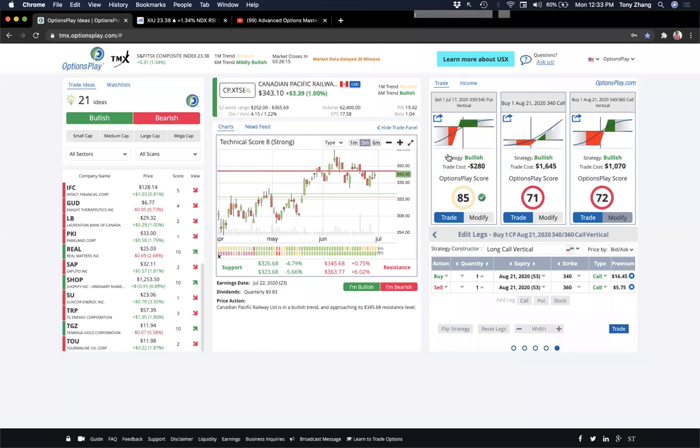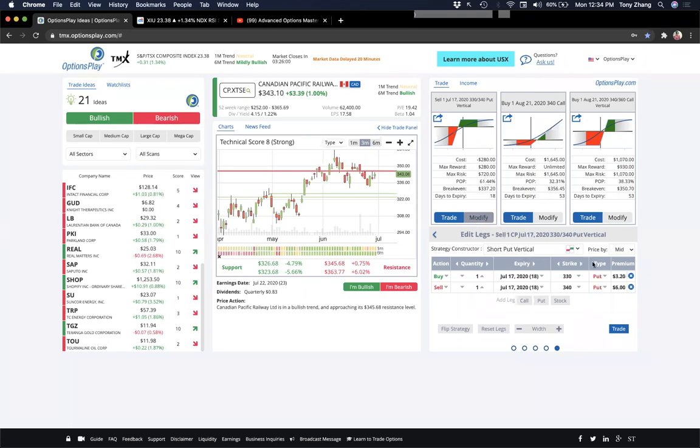And when I look at selling a credit spread, and this is something that you'll learn during the credit spread webinar for those of you that want to learn more, whenever I'm selling a credit spread, I generally want to collect at least 1/3 of the distance between the two strikes. So the distance here is 330 to 340. That's a $10 wide credit spread. I usually want to collect at least 1/3 of that, which is $3.33.